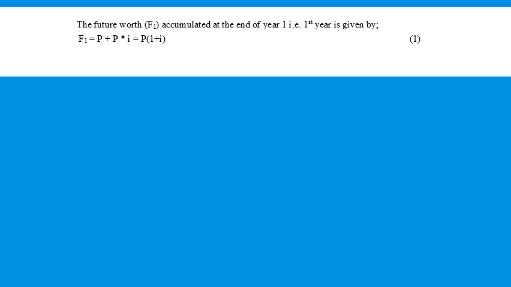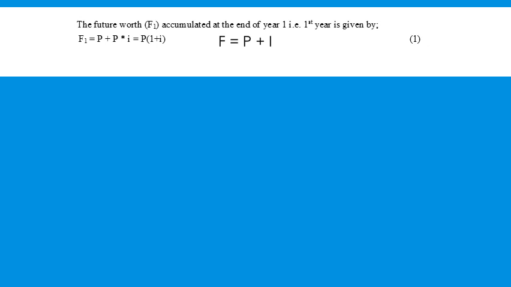First, let me start with the basic notation. The future worth accumulated at the end of first year, by referring to the cash flow diagram, F1 is equal to, as usual, future worth is always given by principal plus interest. Here also we use the same notation. F1 is equal to P, that is principal, plus P into i, that is the interest calculated on the principal.